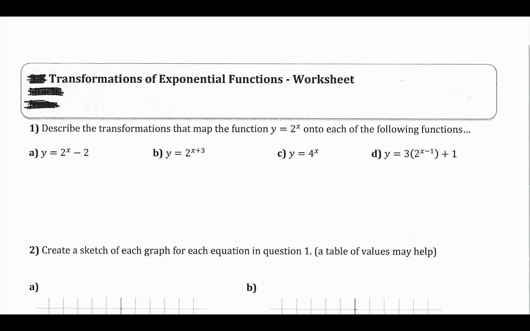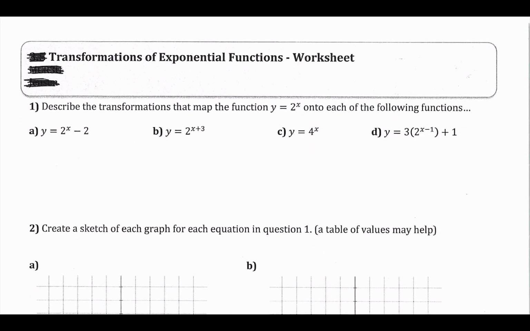All right, just real quickly, if you take a look at this worksheet I just handed out, just a couple of explanations for a second. Number one, you can cross off part C. You do not have to worry about that. There's something with part C that's beyond where I want to be at this point.